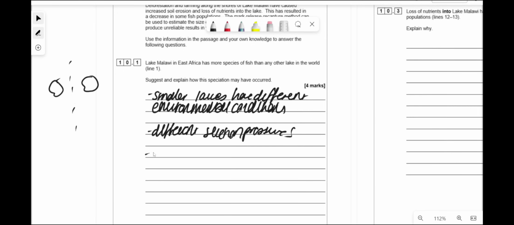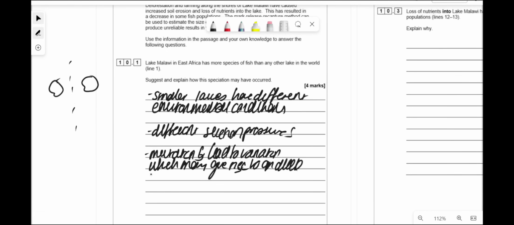Now, mutations lead to variation, which may give rise to an allele that increases the chance of survival and reproduction.